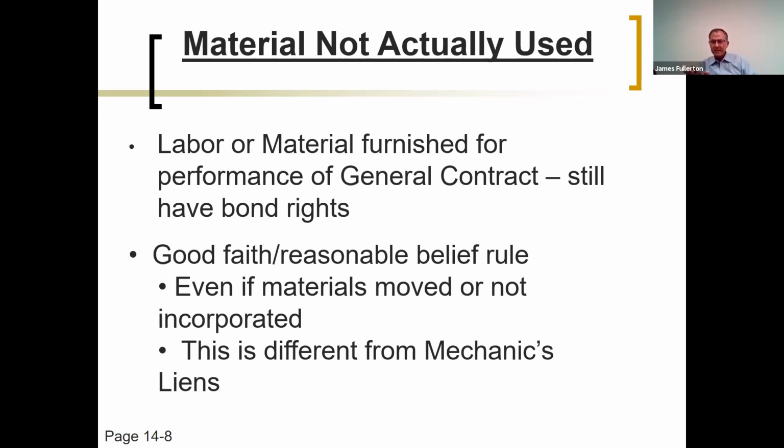And I've seen this happen many times. A material supplier will cut off a subcontractor that has a bad payment history or is weak financially. The material supplier might refuse to give them any more credit.